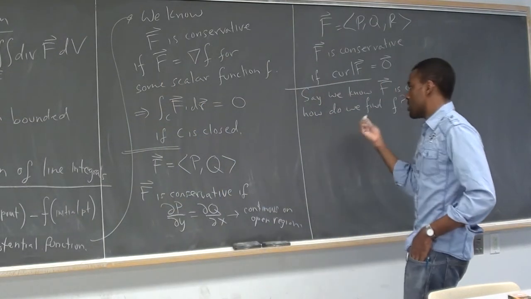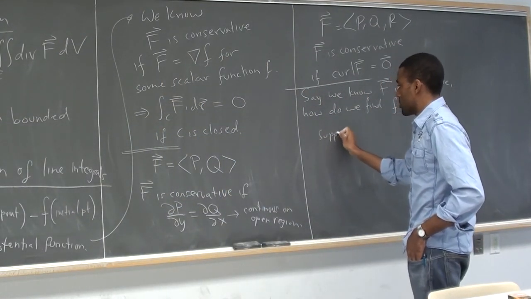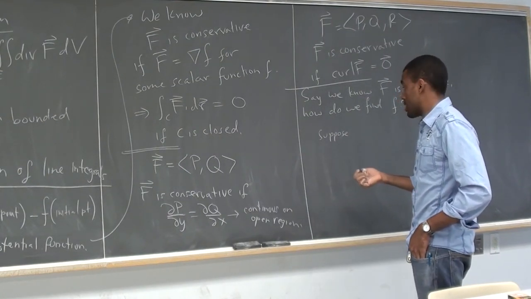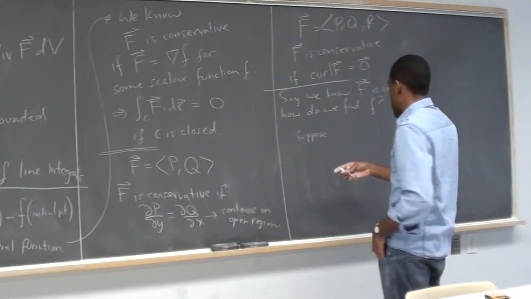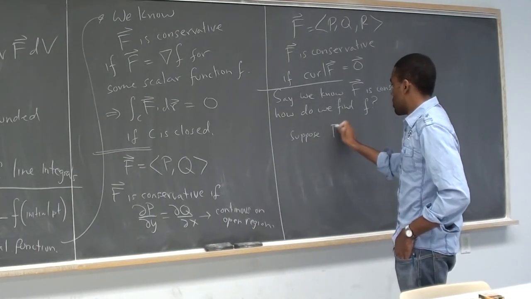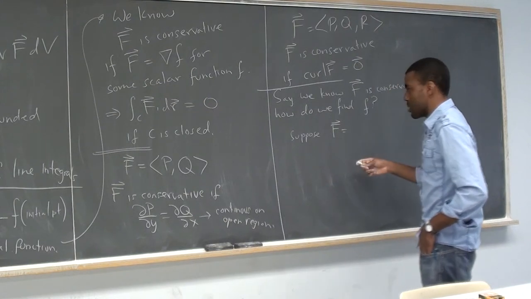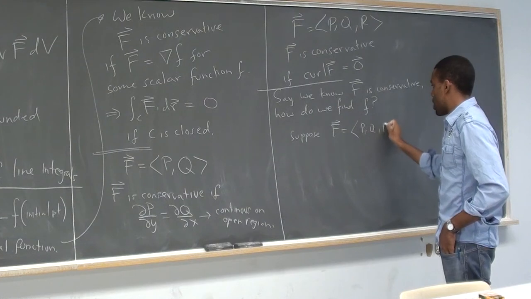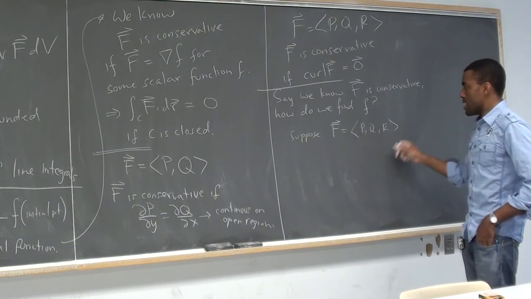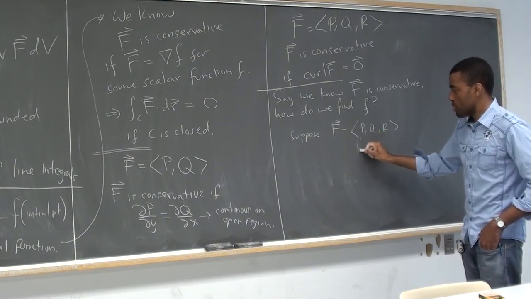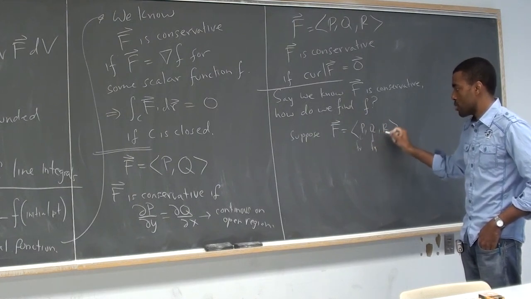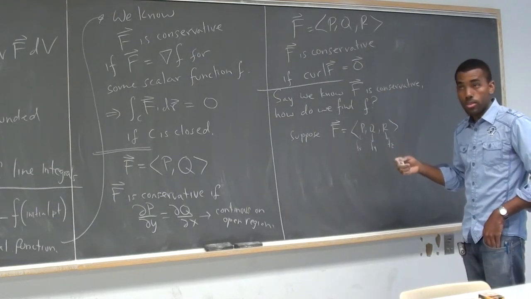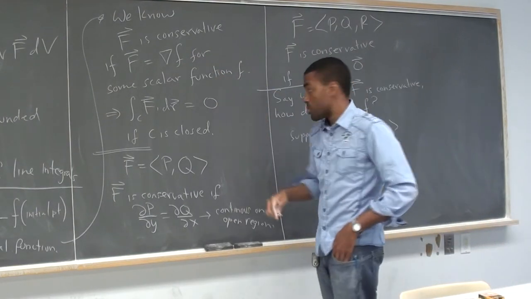It's the same method used for exact differential equations, except we did a streamlined version of it. If you do this method in differential equations, it will still work out. Let's say it was P, Q, R. If this is a gradient, then it means that P must be the partial with respect to x, Q must be the partial with respect to y, and R must be the partial with respect to z. That's what it means to be conservative: your F is actually the gradient function of something.